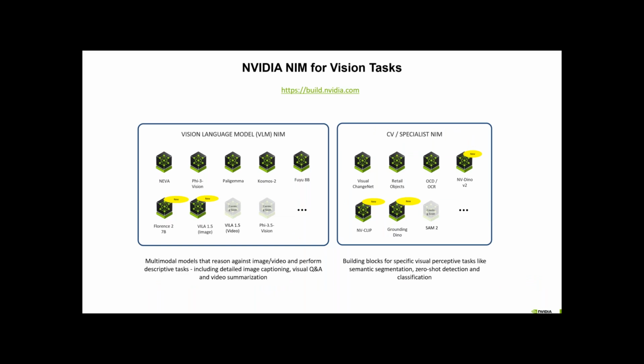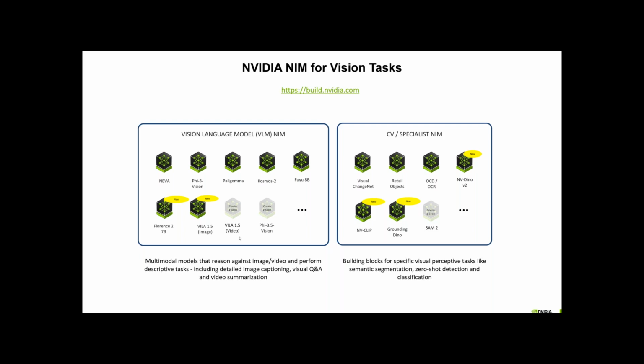And we have a website which is set up for trials. So we have set up this website for trying out any of the vision language models that are out there. And this is just a sampling, just to show you, on the vision language model side you can see Florence, which is Florence 2, which is another small model, and then the Vila 1.5, which is NVIDIA's model.